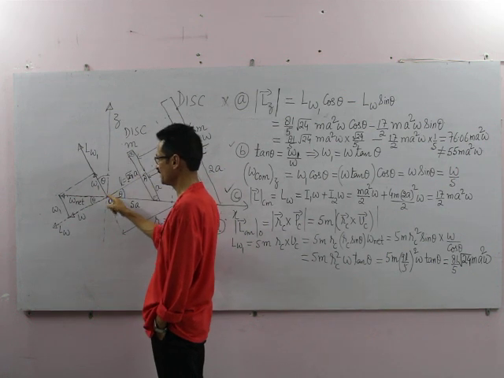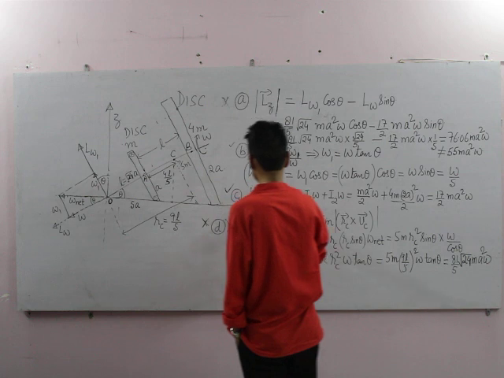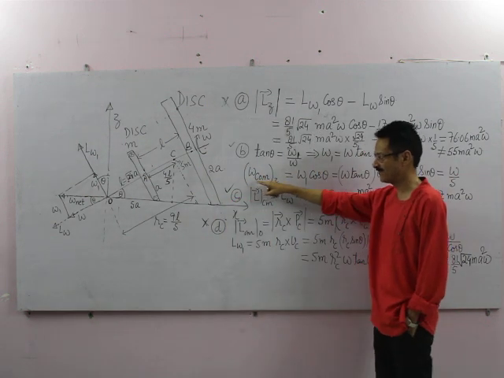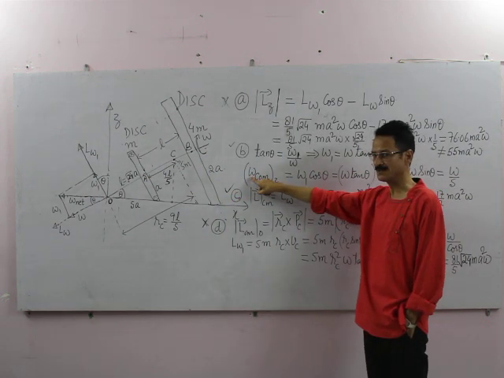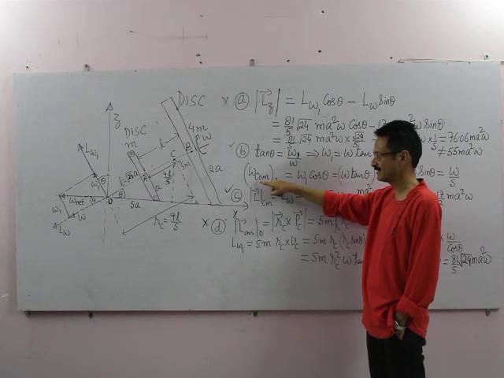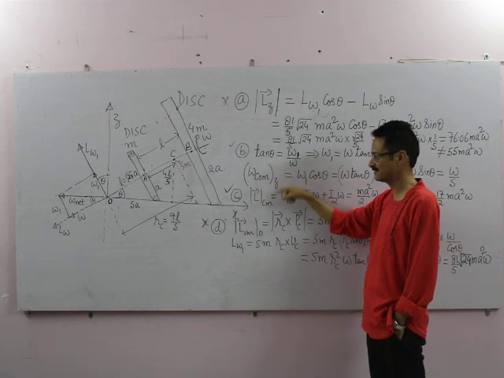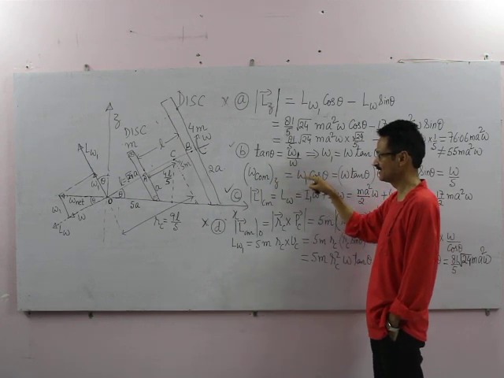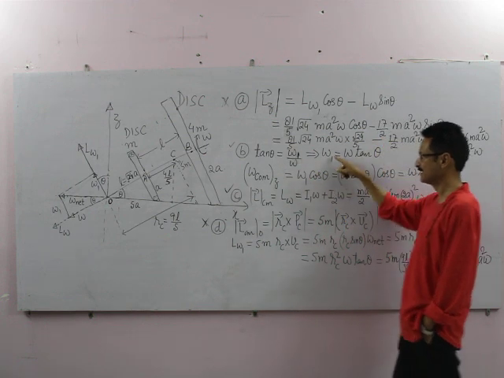So it will be omega 1 cos theta. The z component of this omega of the center of mass along the z axis will be equal to omega 1 cos theta.